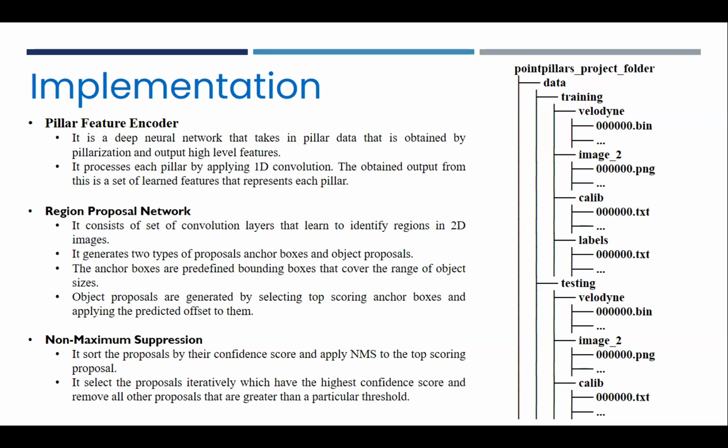And we have the labels, like what all the objects are detected, which is in the annotation file, and that will be in the labels file. The same we have in the testing data, but in the testing we don't have the labels file. We directly get an output.